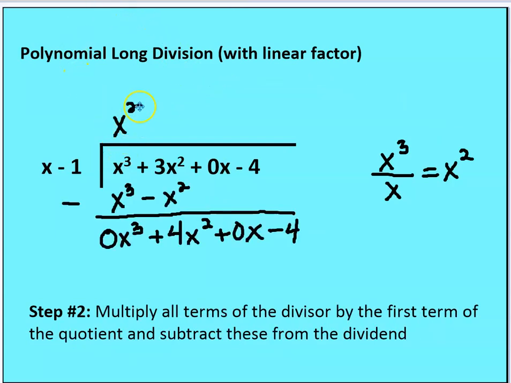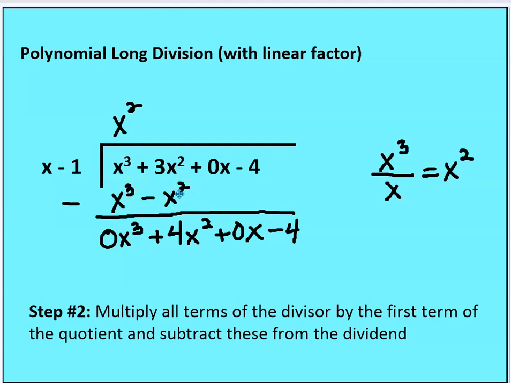All right. So now we have x squared here. We're going to multiply x squared times each value in the divisor. So x squared times x is x cubed. X squared times minus 1 is minus x squared.